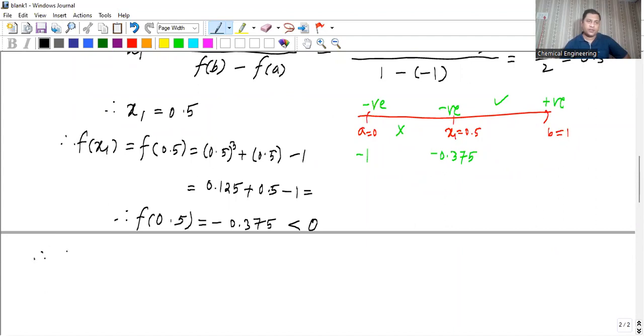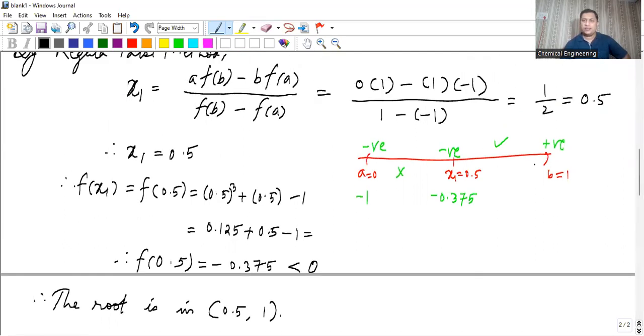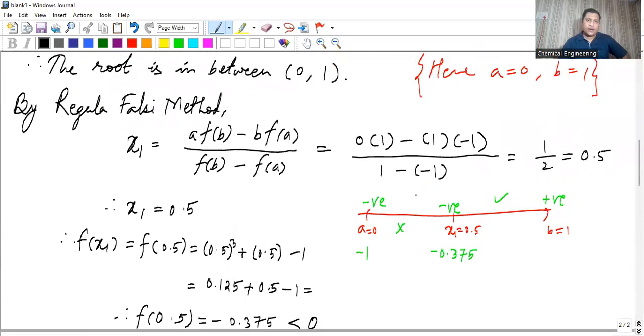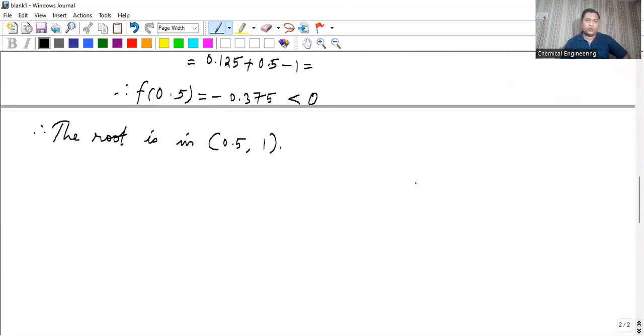So we can say the root is in 0.5 to 1. We can see 0.5 to b, so 0.5 to 1. Now we have to again use this formula and find out the value of x2.